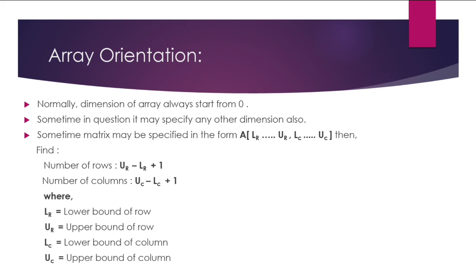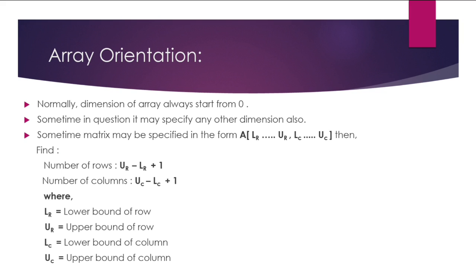Sometimes the matrix looks like this: lower row, upper row, lower column, upper column. LR is lower row, UR is upper row, LC is lower column, UC is upper column. They are going to give it to us in this format also.